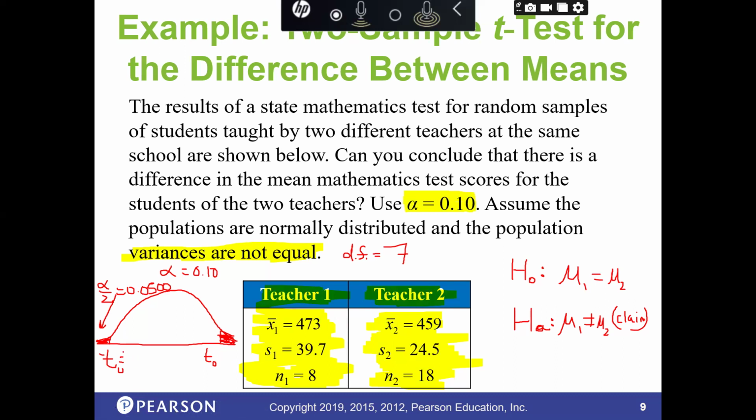Okay, so I got an answer of negative 1.895. Everybody okay with that one? And a positive 1.895. Good, good. Okay, now we just have to plug it into the formula. So now we have to get our test, or our T value itself. So that's where our board ends. Whew. Okay, ready?